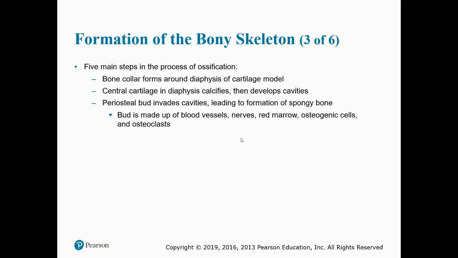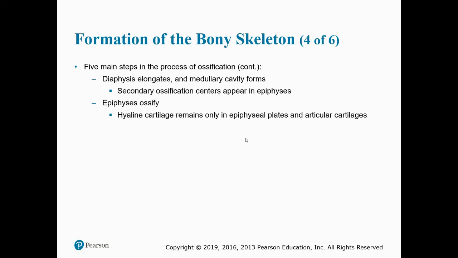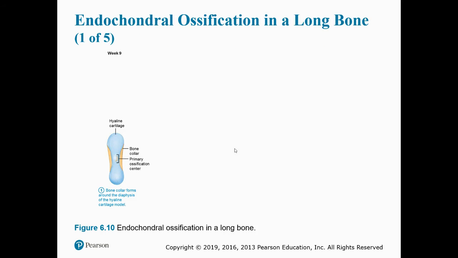The osteoblasts within the periosteum secrete what's called osteoid against that hyaline cartilage diaphysis, and it covers it in the periosteal bone collar. So what does that actually look like? If we look right here, we can see that happening, this little bony collar, and then we have this primary ossification center.